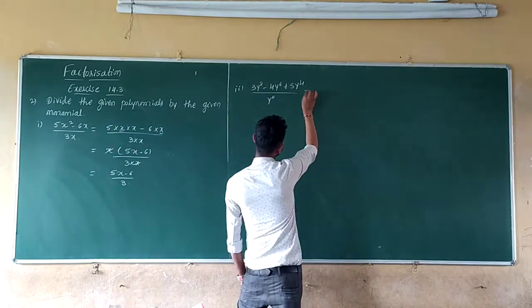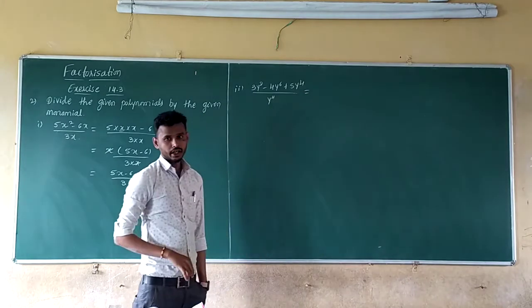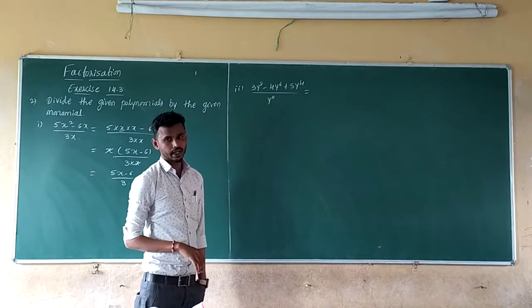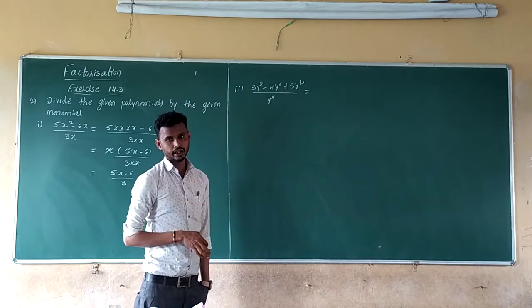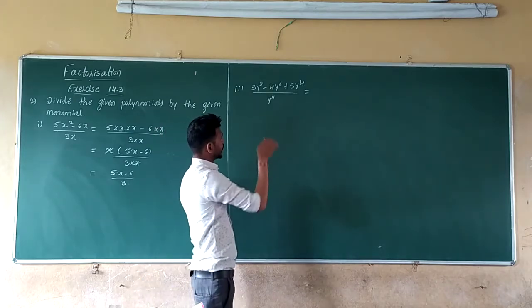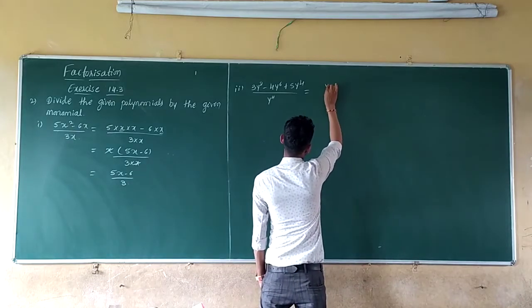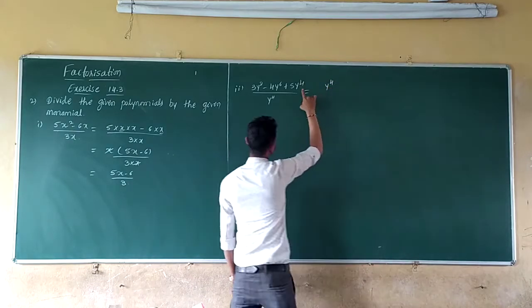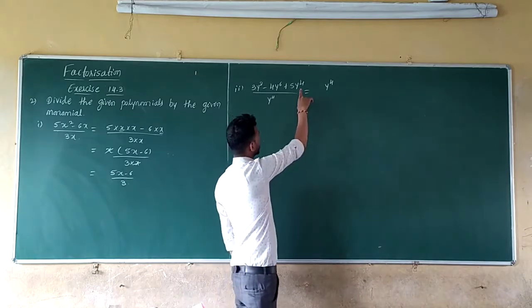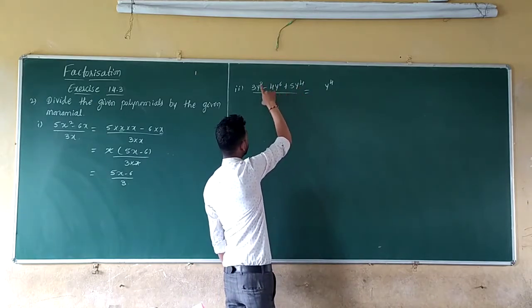So you can write y raised to 8 as y into y like that 8 times, or else you can take the common directly. So here if you take y raised to 4 common, because here y raised to 4 is there, y raised to 6 is there, y raised to 8.